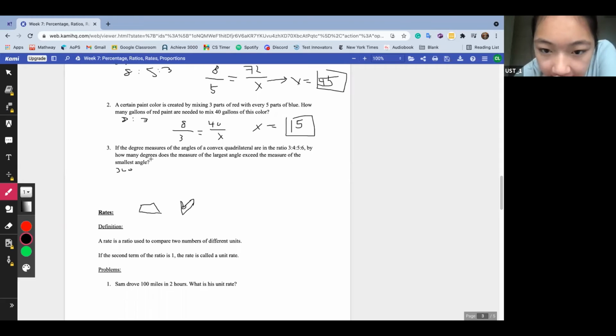So we want to find the measure of the largest angle and the measure of the smallest angle. So what we can do is, we have 3 plus 4 plus 5 plus 6 equals 18.